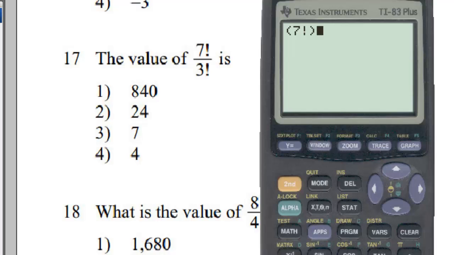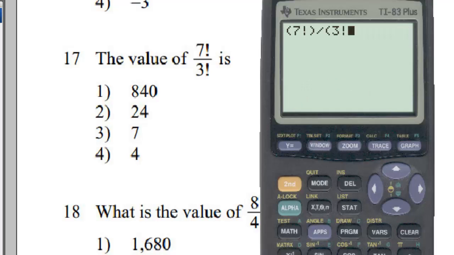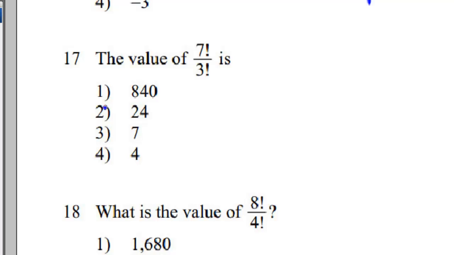Close parentheses, because this is the numerator, we needed to tell the calculator that this is on top, divided by, open parentheses, 3. Go to math, go over to PRB, go down to option number 4, close parentheses. And when we do that, and we press enter, we get 840. 840 is option number 1. The answer to number 17, number 1.